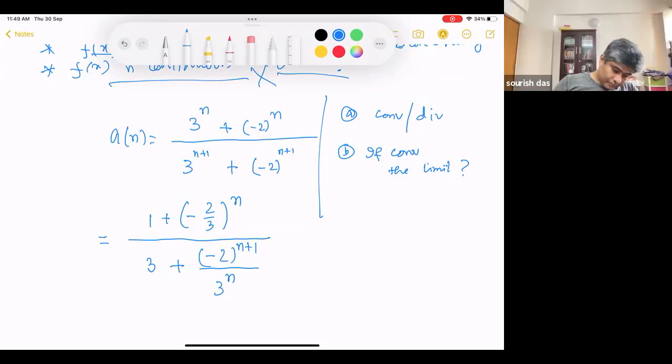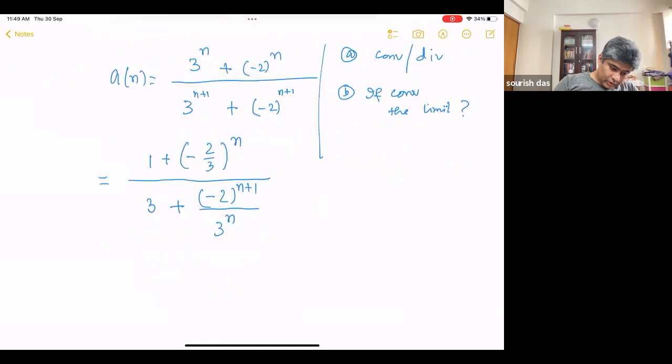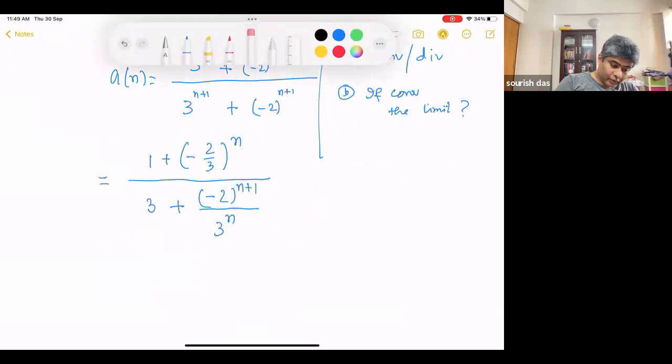Okay, so the idea is that since 2 by 3 is a fraction, (minus 2 by 3) to the power n goes to 0.